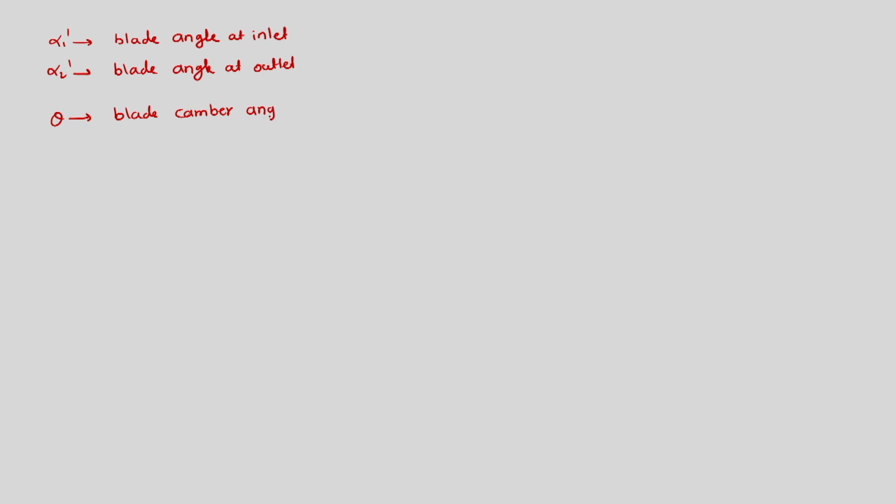So we will say here that alpha 1 dash is the blade angle at inlet, alpha 2 dash is the blade angle at outlet. Then we have theta, which is the blade camber angle. This angle is made between the two lines which are tangent at inlet and outlet.